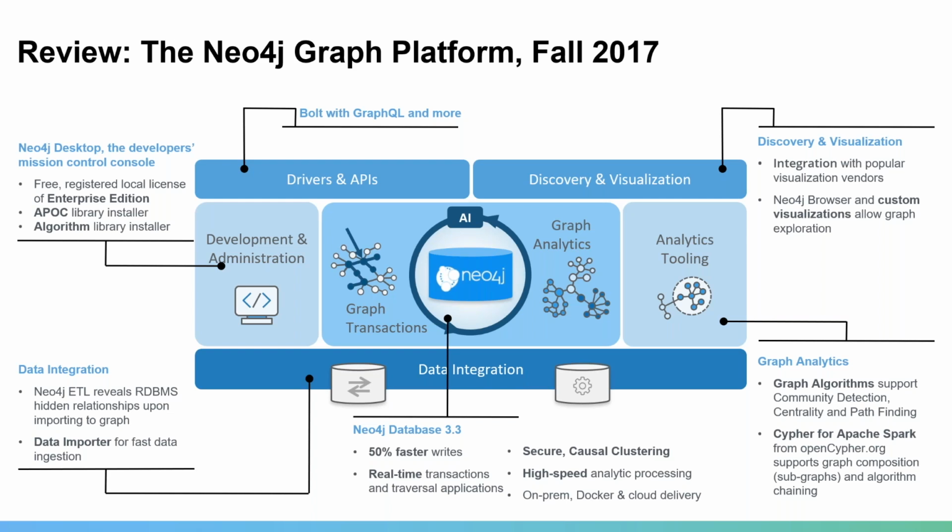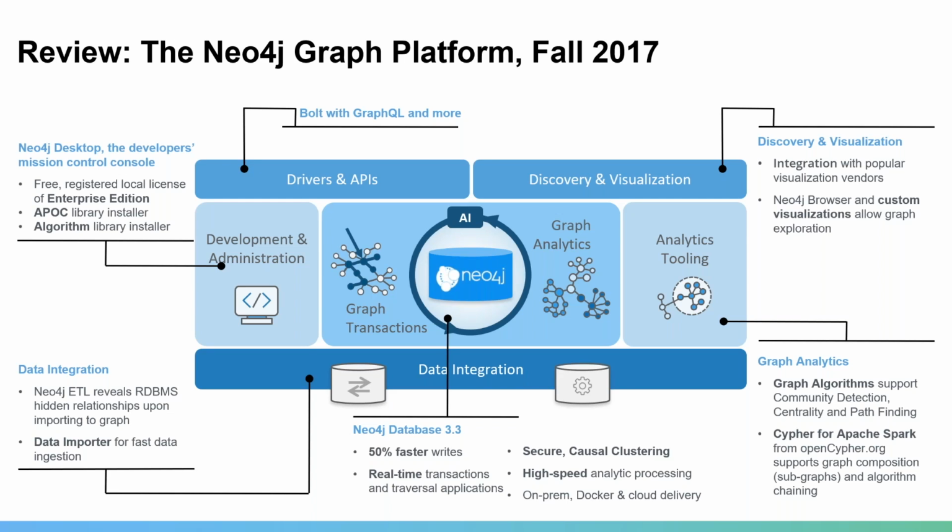So just to quickly review the kinds of capabilities that we put into the environment overall, this is really the universal feature list of what we put into Neo4j 3.3, starting with data integration. We also introduced the Neo4j ETL capabilities. The database itself was twice as fast, or 50% faster, in writing.